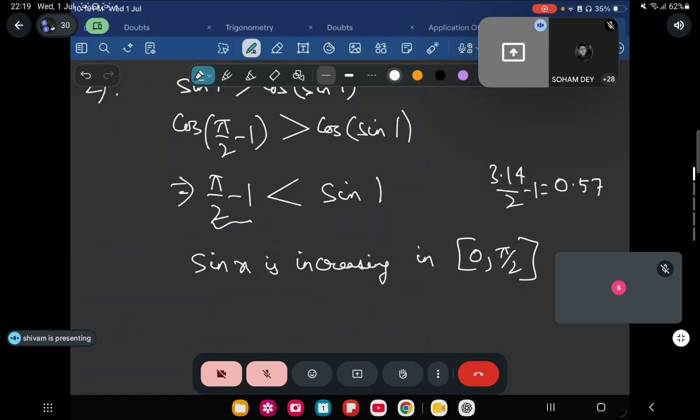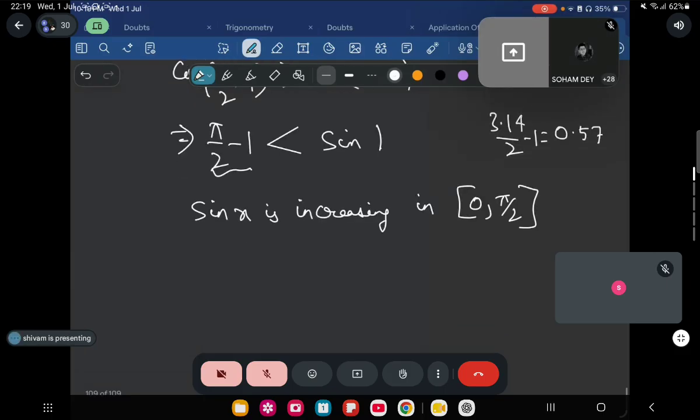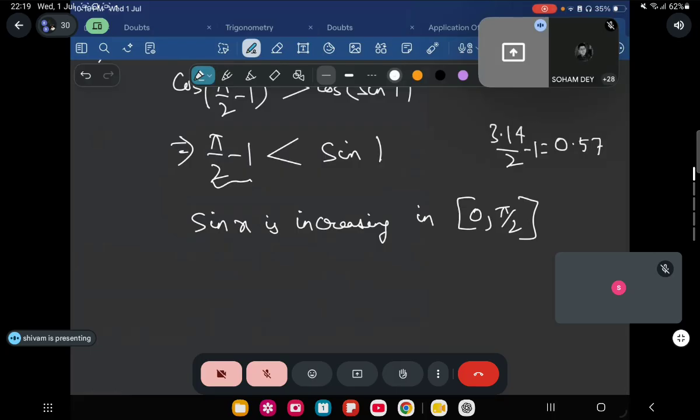So let us find the closest value. 1 radian is 57 degree 14 minutes. So what is sine 45 degree? Sine 45 degree is equal to 1 by root 2, which is root 2 by 2. Root 2 is 1.414 divided by 2.